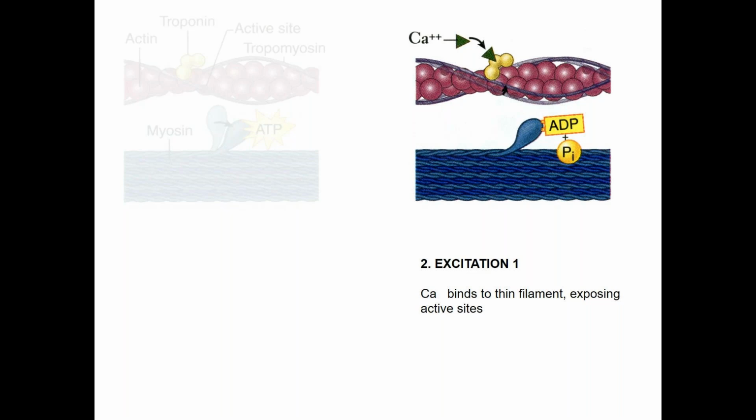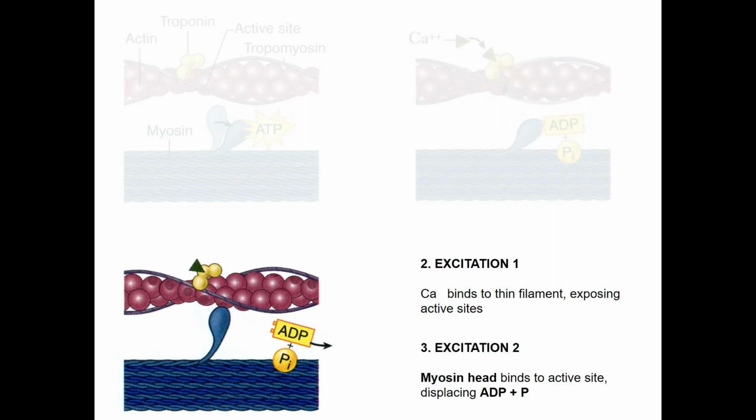Calcium comes in, shifts. We allow the tropomyosin to move out of the way. We expose the active site, right, where we'd stopped on the previous slide. Now we're going to break this phosphate off. It's going to go away.